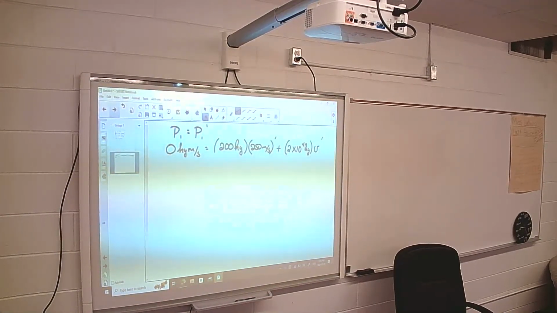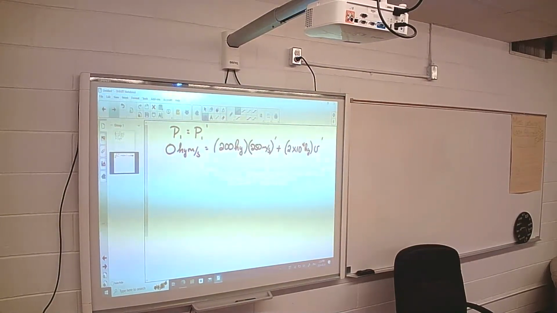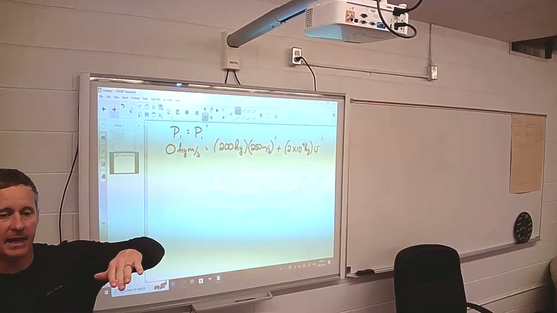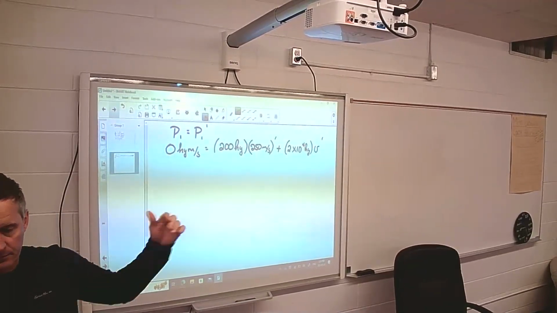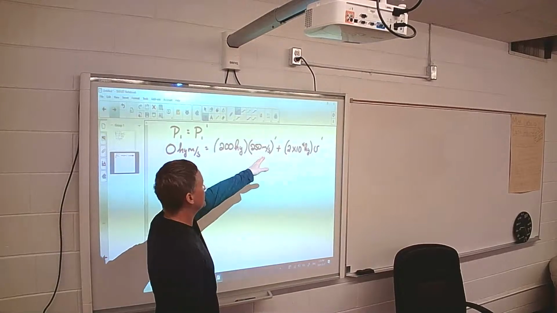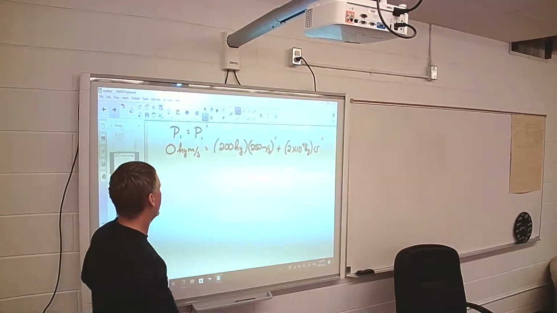Now, thinking about the gun question that we did earlier this week, the gun fires out one way. Which way does the gun itself go after? Backwards. It recoils. The same thing happens with this cannon. So I probably, because I've designated 250 meters per second as a positive, I should end up with a negative value here. Okay, 200 times 250 divided by 2 times 10 to the fourth. What do you get?